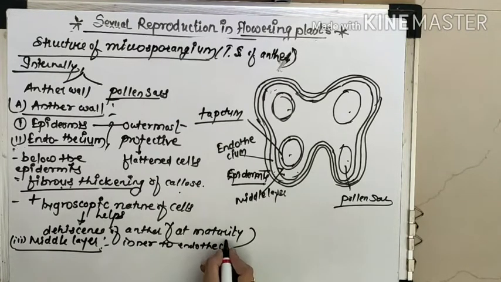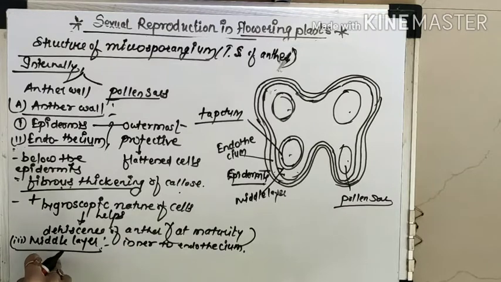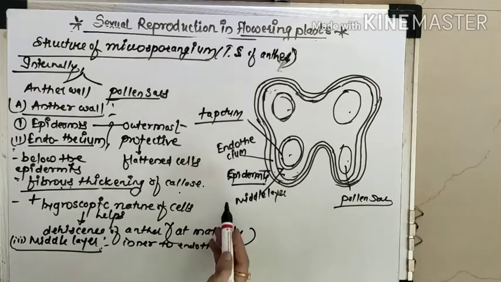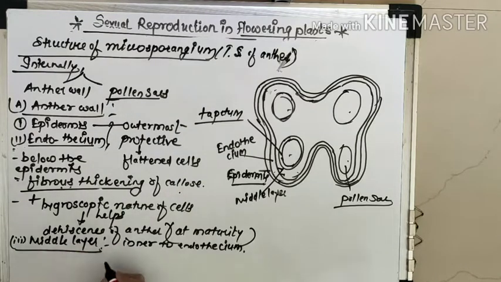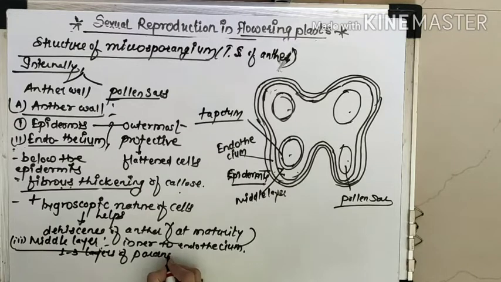One to two layers of parenchyma cells are present surrounding the sporogenous tissue of Microsporangia, and these cells degenerate at maturity, that is, after the formation of microspores. So this middle layer, present inner to the endothelium, contains 1 to 3 layers of parenchyma cells. What is a parenchyma cell?